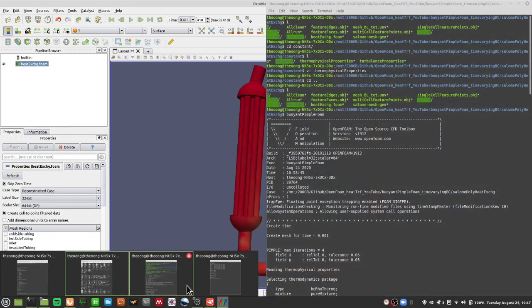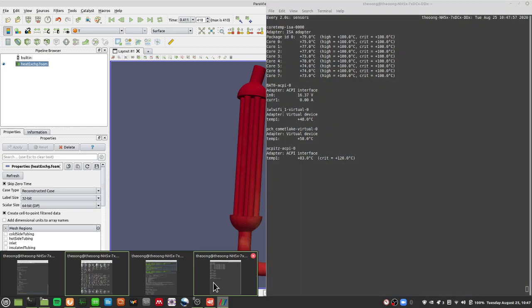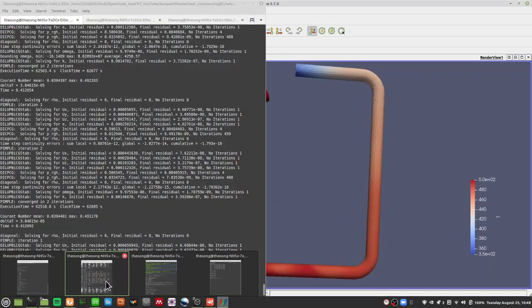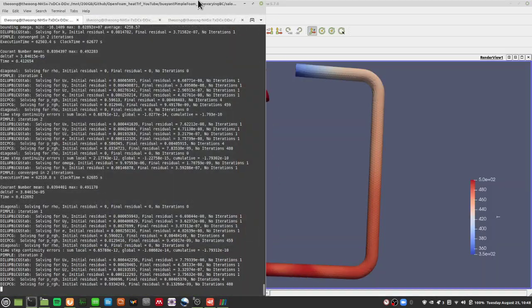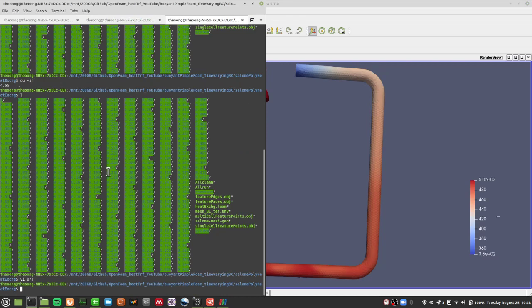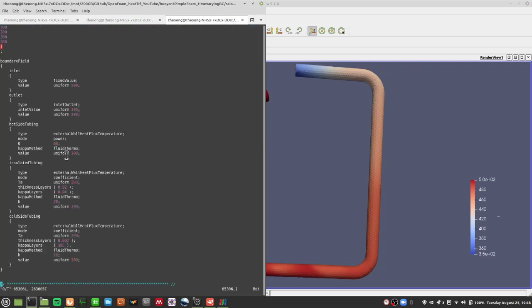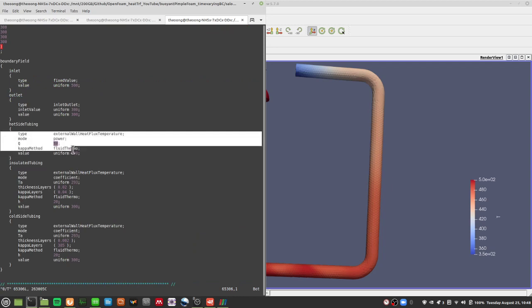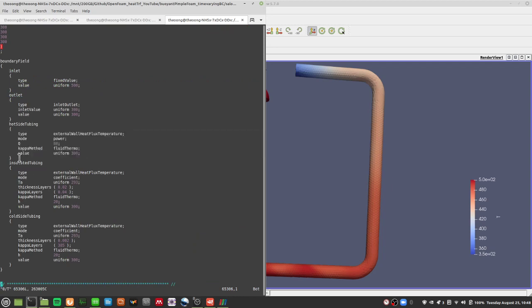But if you look at the boundary conditions I set for the hot side tubing, I give a Q value of 80 watts.